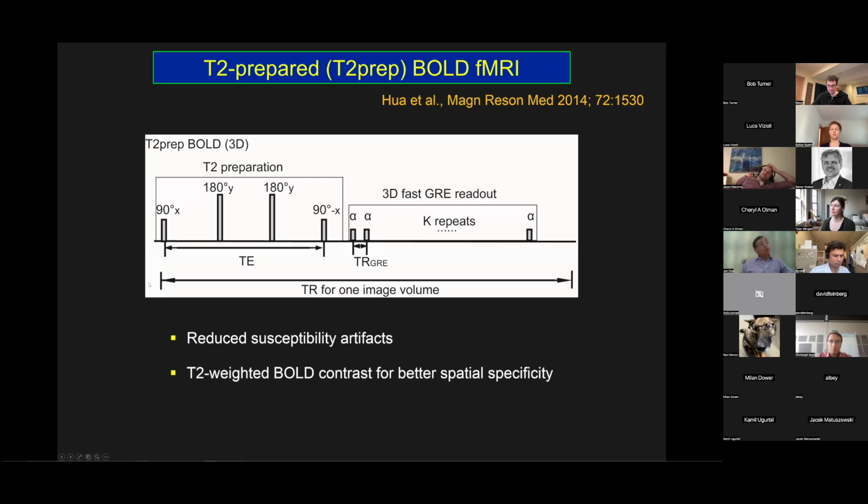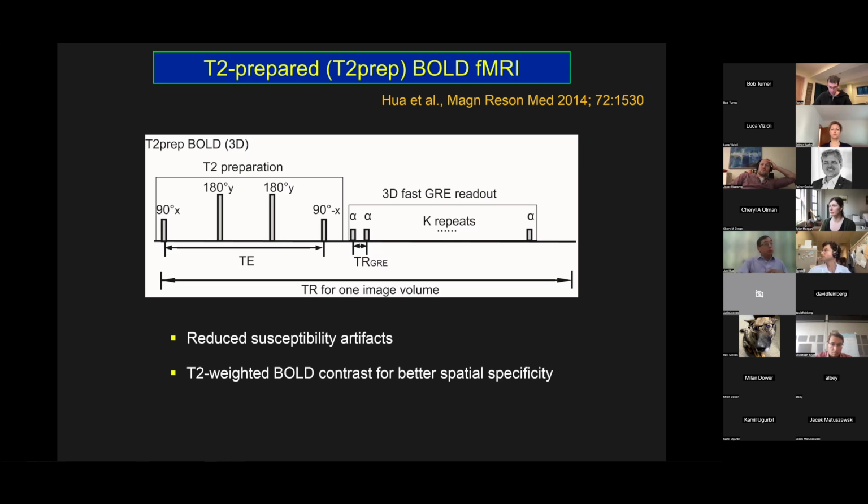So basically, the idea is you have a so-called spin preparation module, where you can generate the BOLD contrast, and then following that, you can do a very quick fast GRE, similar to an MP-RAGE type of readout, which has a much wider bandwidth and is much less susceptible to these dropout artifacts.